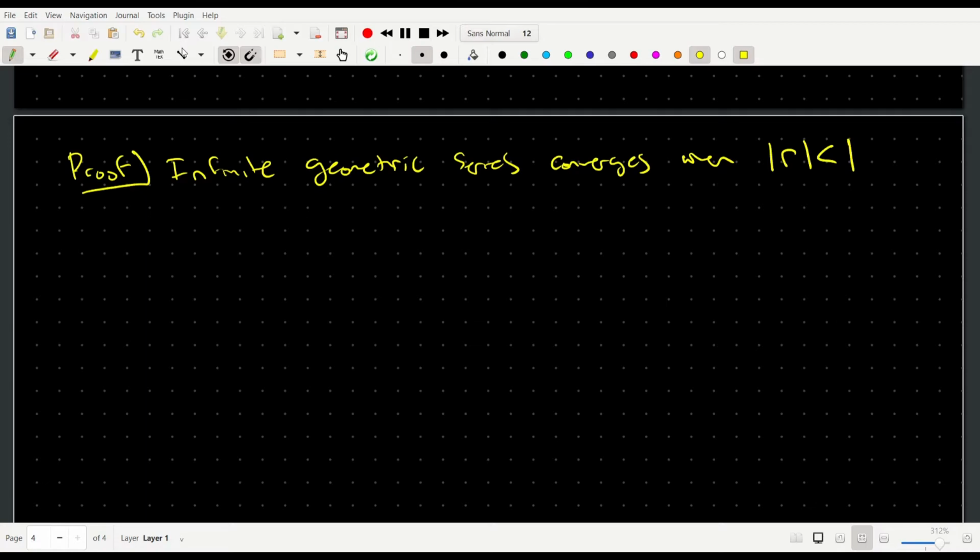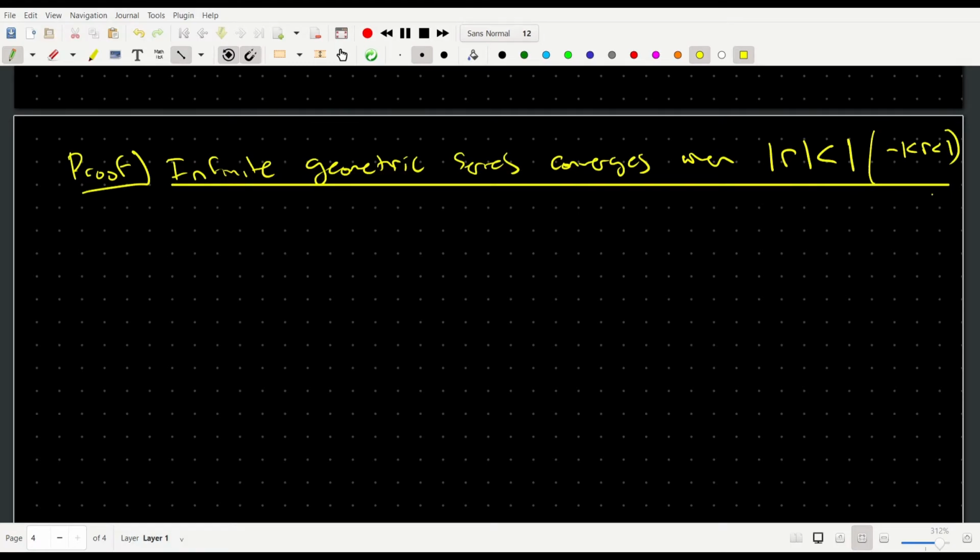So r is between -1 and +1. Alternatively, you could say the absolute value of r is less than 1, or r is between -1 and +1. From the fundamental convergence criterion, we know that this is the only possible interval in which the series may converge, and it turns out that it's going to converge for all of these values.